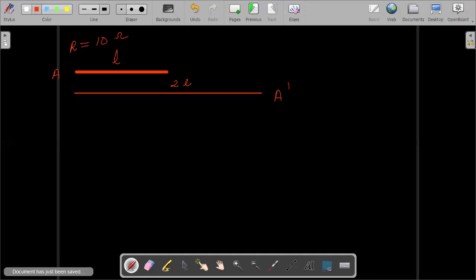Sir, R is directly proportional to L by A. Okay. So how will you find the new area? You have found out the new length is double, that is 2L. So what will be the new area?